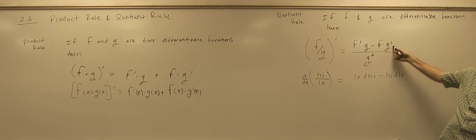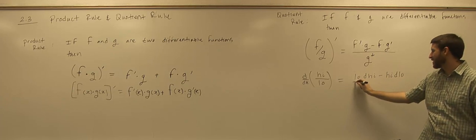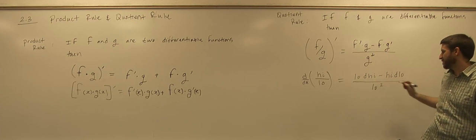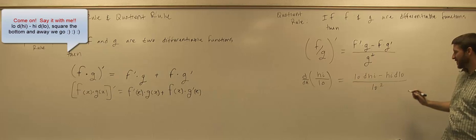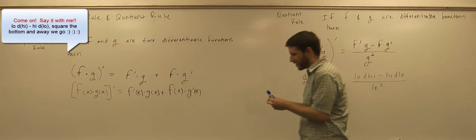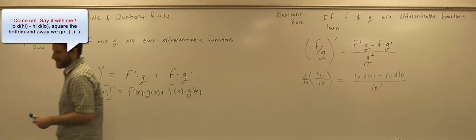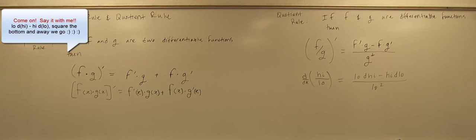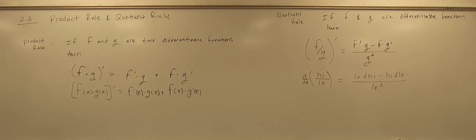Take the derivative of the bottom second always. That's what's subtracted. Square the bottom, and away you go. Low d high minus high d low, square the bottom, and away you go. That's how students tell it to me sometimes. I don't remember it like that. I remember it like the top, because I'm math oriented. But if you like rhymes.